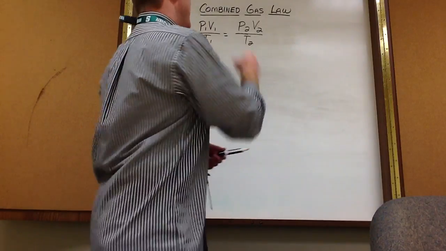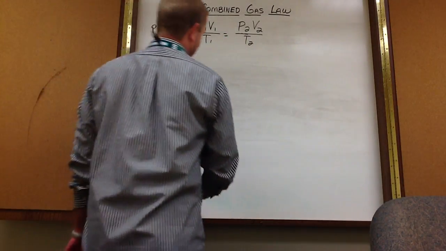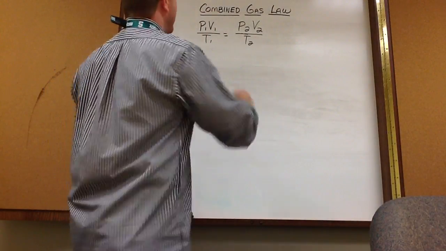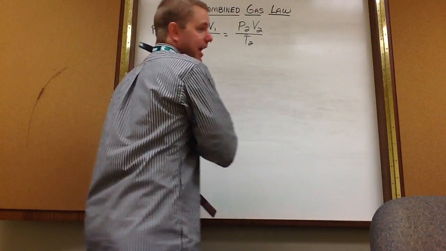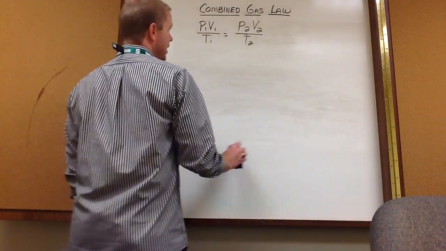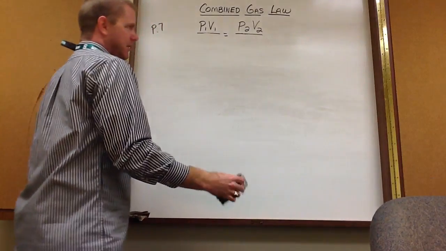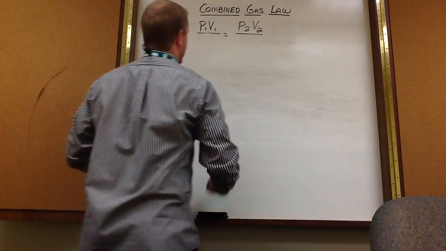Now, here's the cool thing about this, you ready? If you remember this law, then you've got them all, because let's say I give you 2 pressures, I give you 1 volume and ask you for the other one, but I don't mention temperature at all. Well, if you get rid of that, you end up with Boyle's law, don't you?